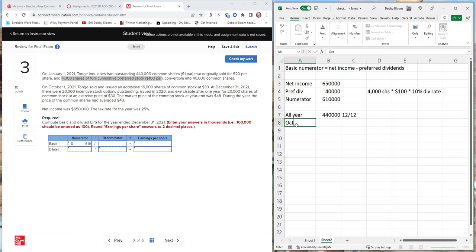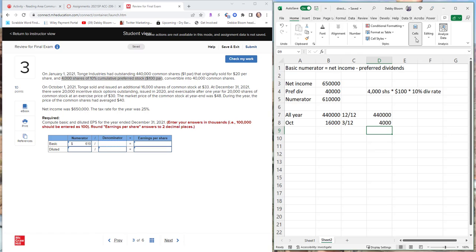So October, November, and December get a fraction of 3/12. To calculate the weighted average, I'm going to take 440,000 multiplied by 12 over 12, which is 440,000. And then 16,000 outstanding 3 months gets a fraction of 3/12, which is 4,000.